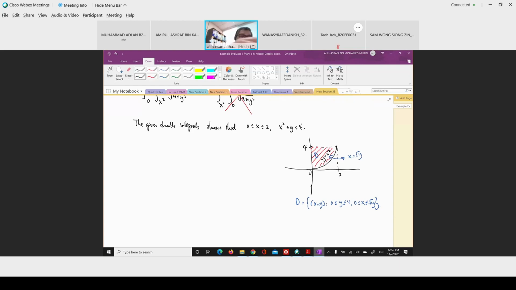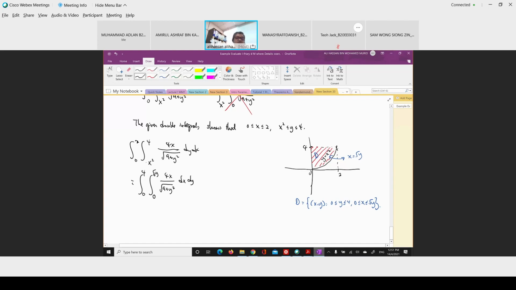Therefore, the double integral with the order dy dx is equal to the double integral with the order dx dy, where x is between 0 and square root y, and then y is from 0 to 4.